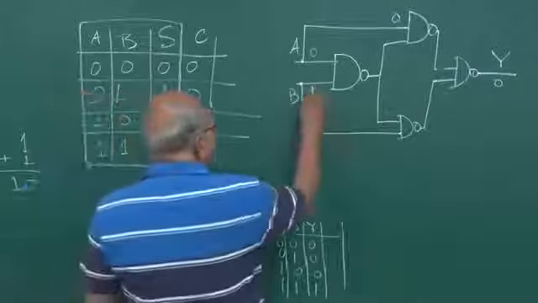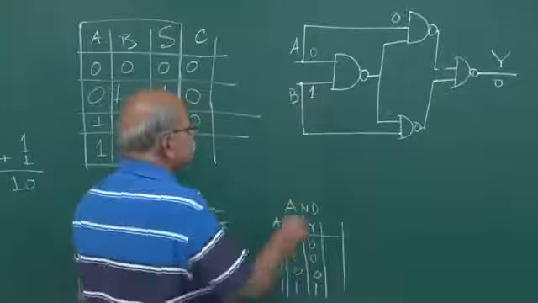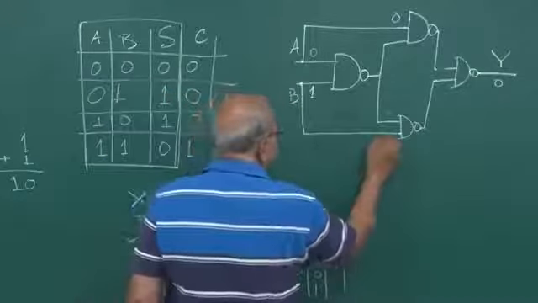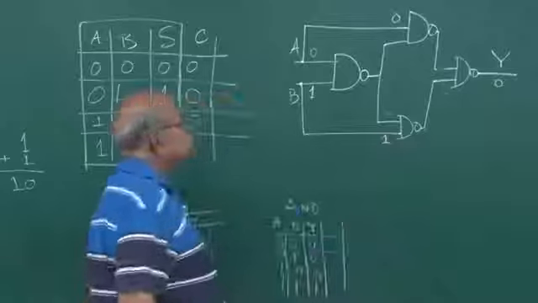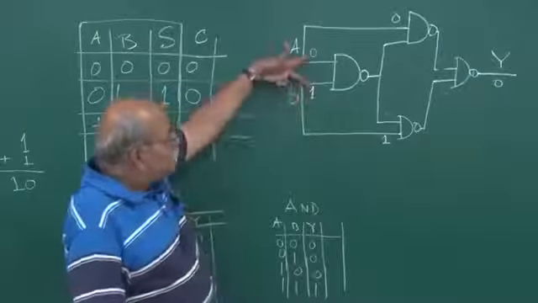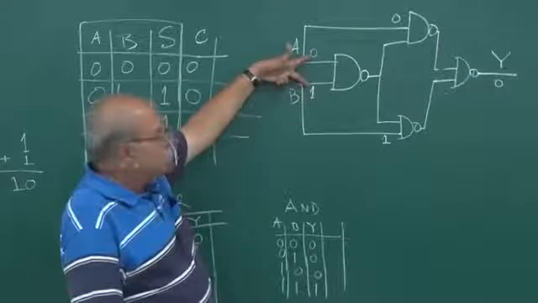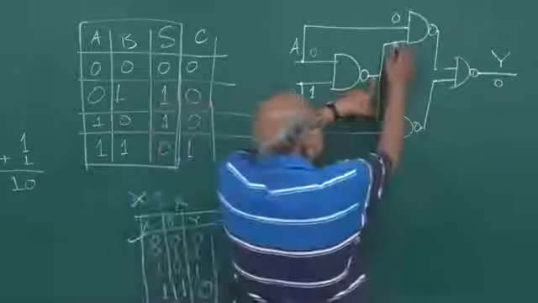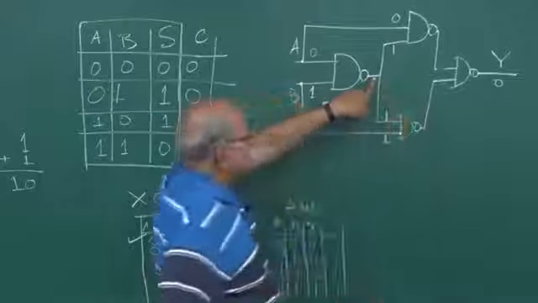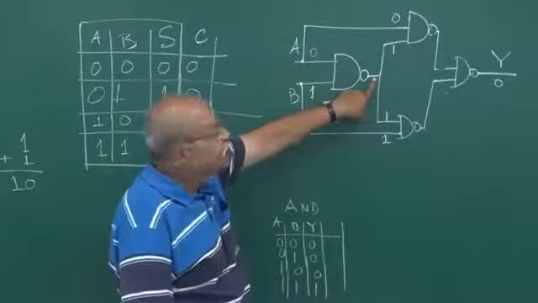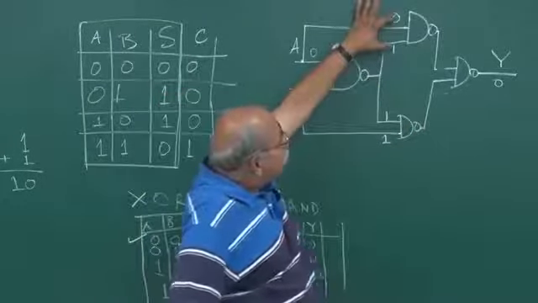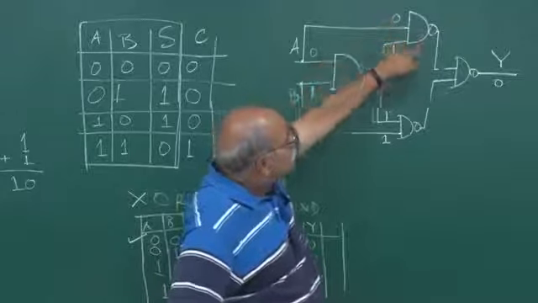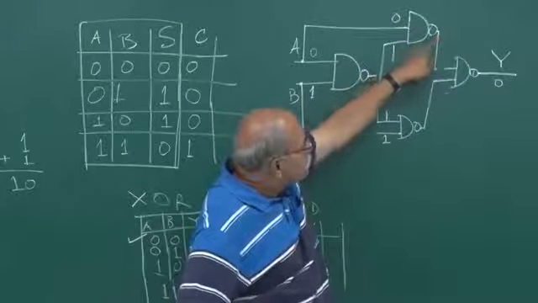So this is 1, and this 1 goes here. So this will be 1. 0 and 1 is 0, so here it is 0, here it is 1, and therefore this is 1 and this is 1. And then 0 and 1 is 0. So here it is 0, here it is 1. So this is 1.